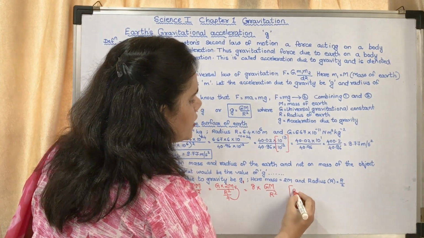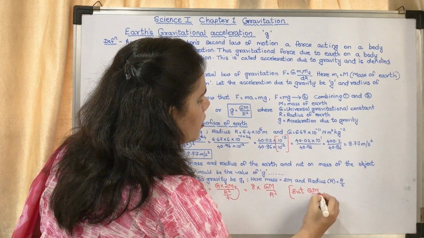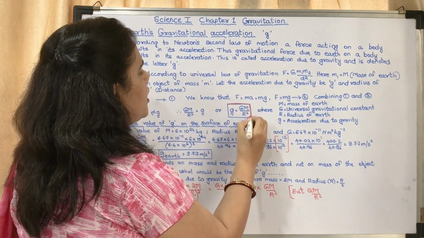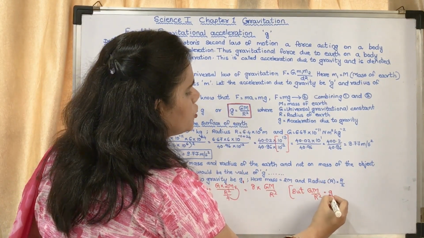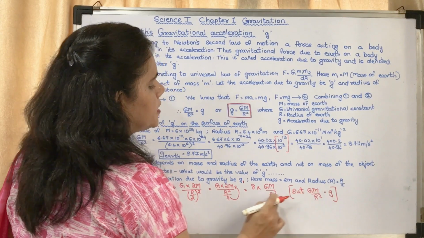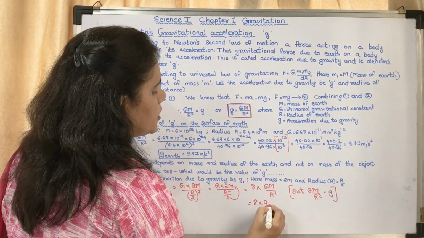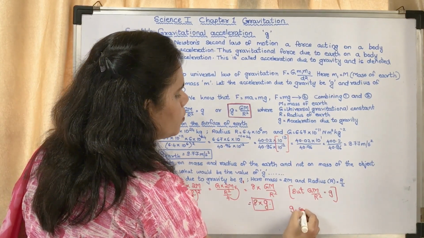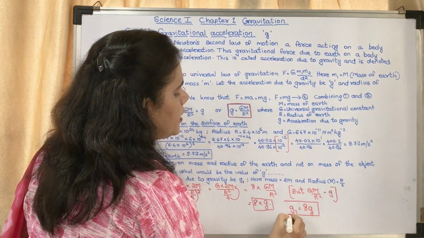But we know GM upon R square, what is it? It is equal to g. By substituting this here, you will get 8 into g. That means g1 is equal to 8g.